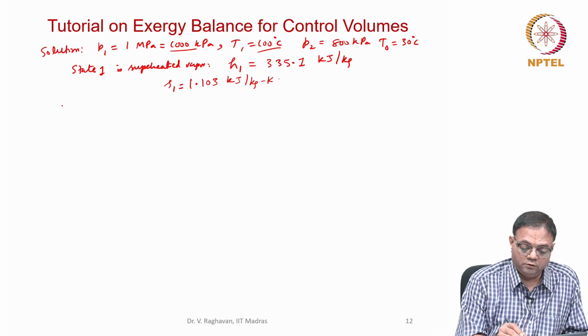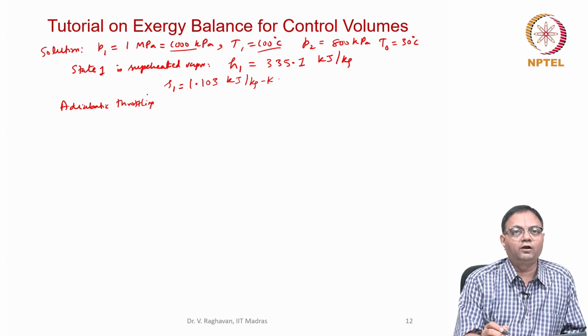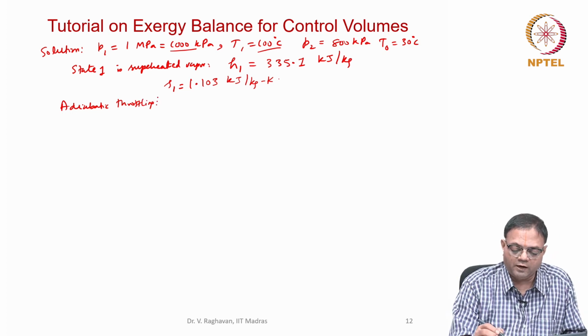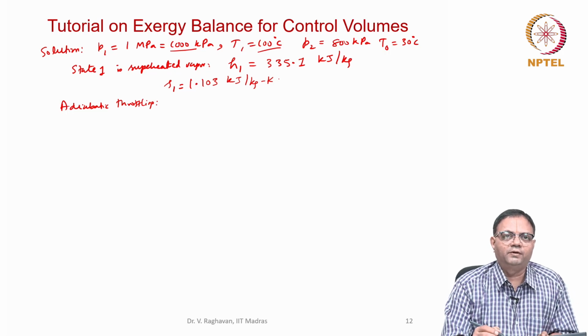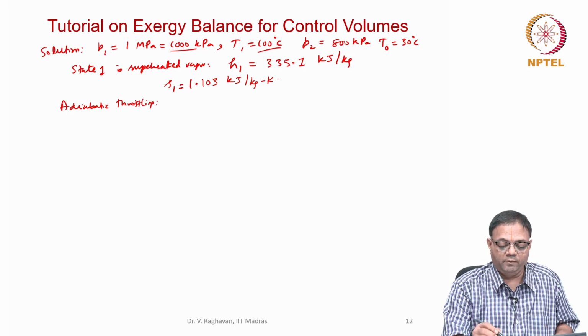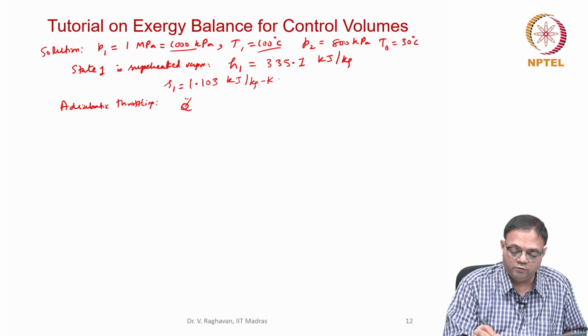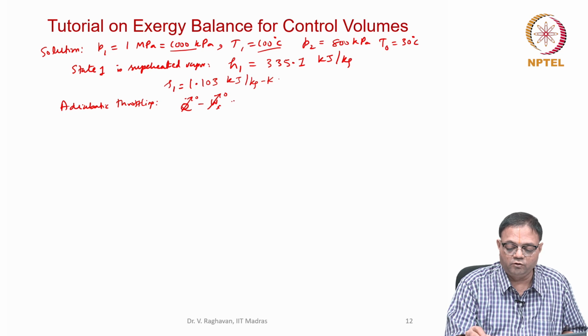Now, adiabatic throttling. Heat loss information is not given, and it is customary that the throttling process can be assumed as adiabatic. So, Q dot is 0. There is no other form of work involved in the throttling process, so that is also 0.